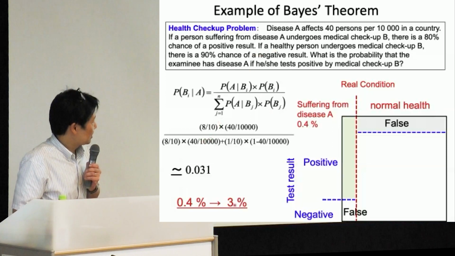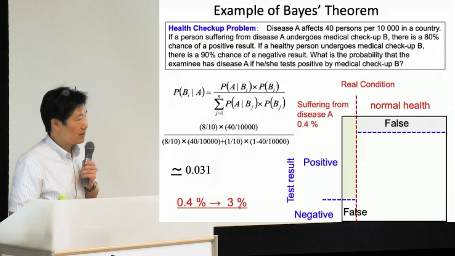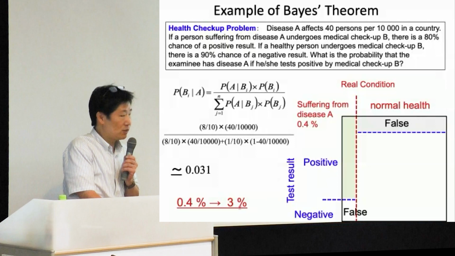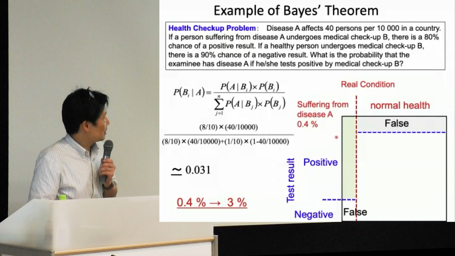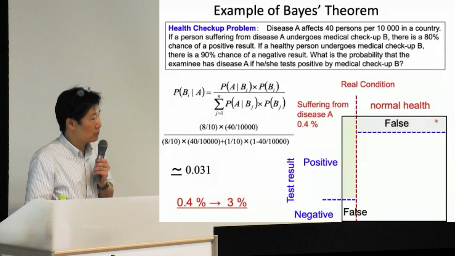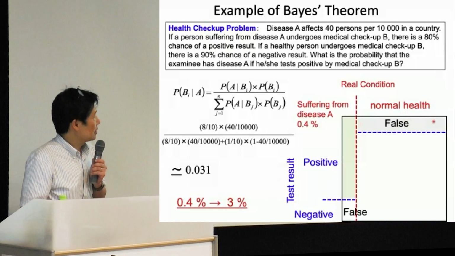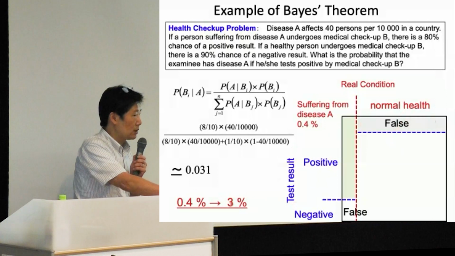But the result is 3%. Maybe this is much smaller than you expected. But this is due to the fact that the ratio of normal healthy people is quite large. Due to this fact, the probability is small.